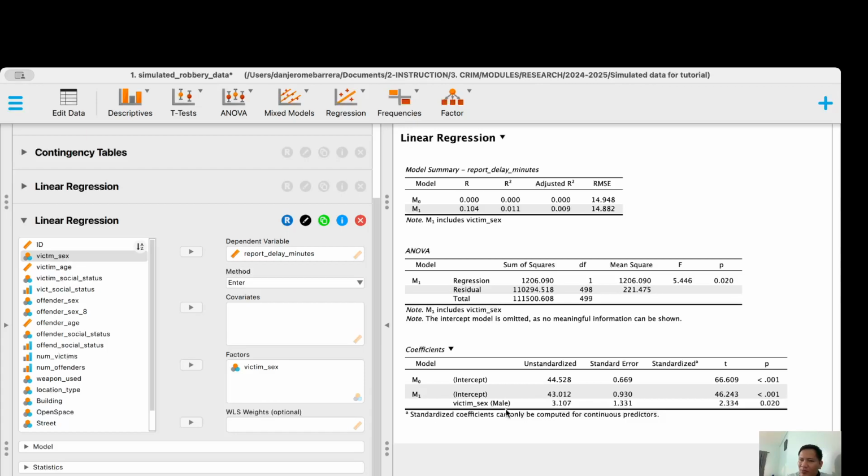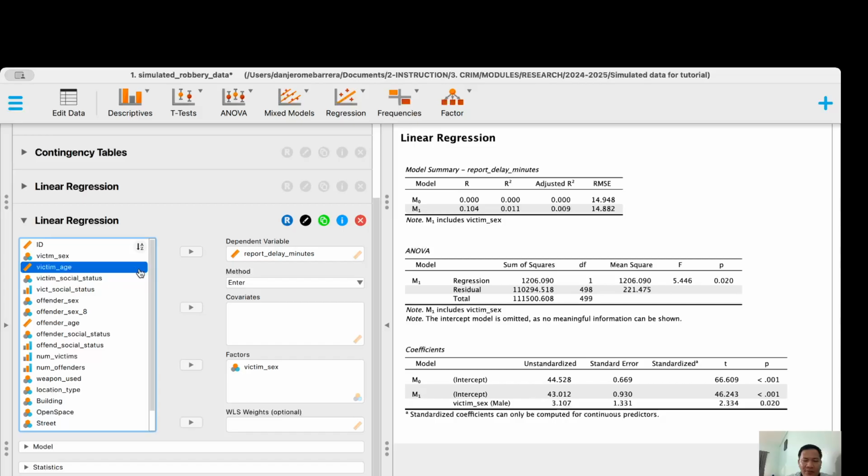But since this is multiple linear regression, we can add more variables. We can add another variable or more variables to victim sex. So let's now add victim's age. Victim's age is a continuous variable, so we should place it under covariates.